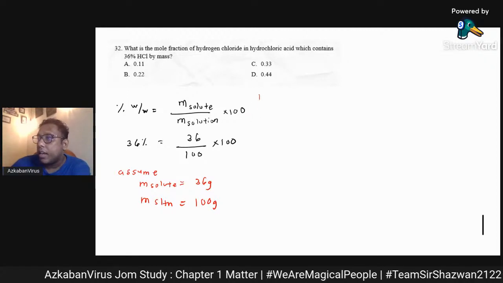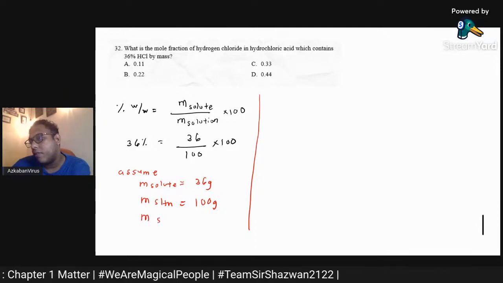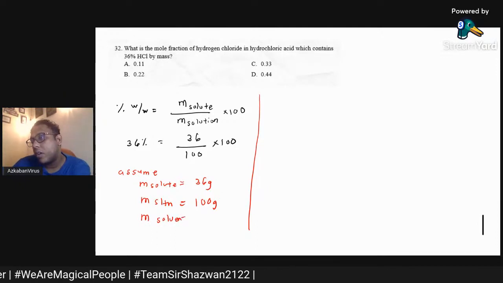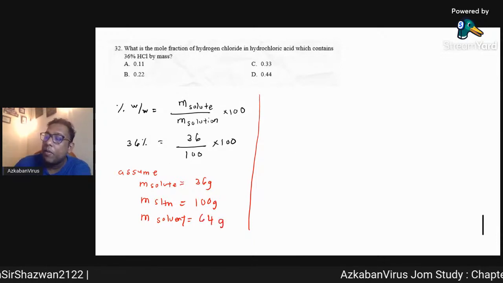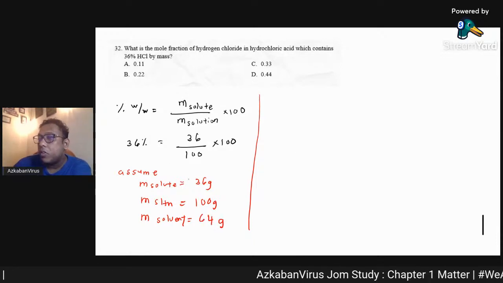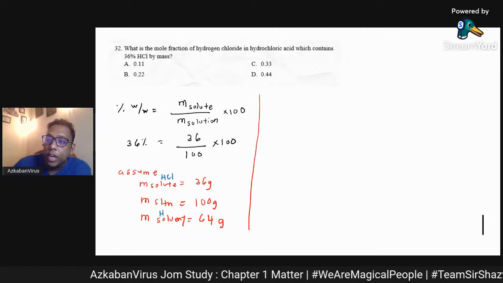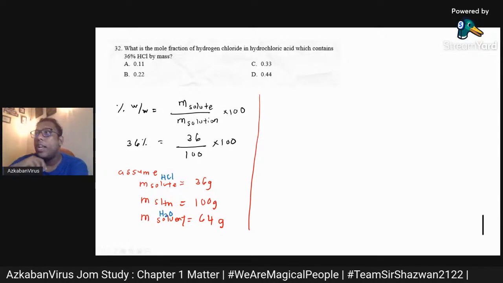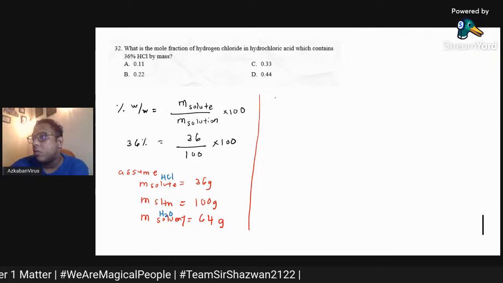Okay, lepas tu kita ada mass of solvent equal to 64 gram. Okay, solute kita apa? Solute kita adalah HCl. Solvent kita apa? Solvent kita adalah H2O. Soalan minta cari mole fraction. So you kena cari mole of HCl dulu.